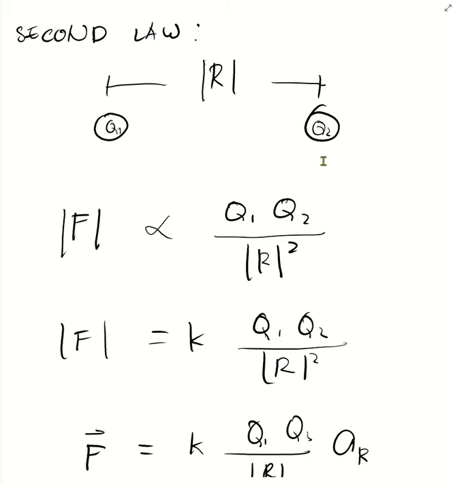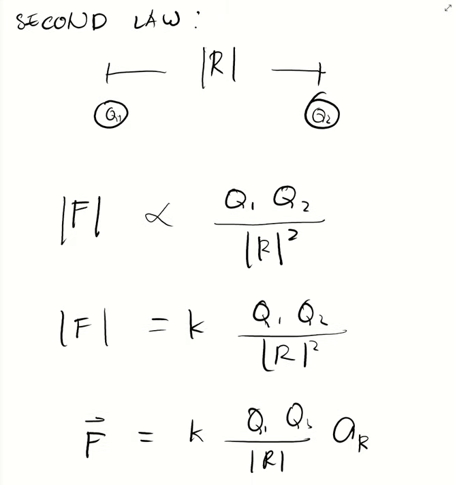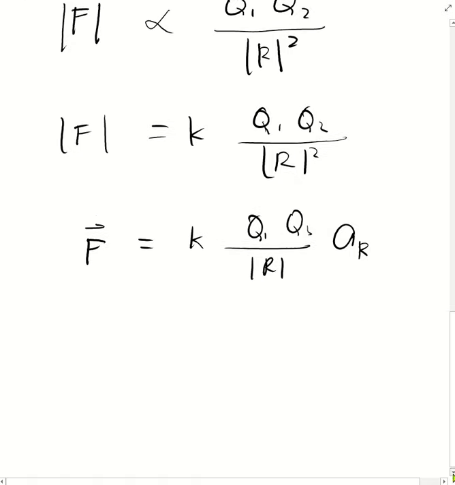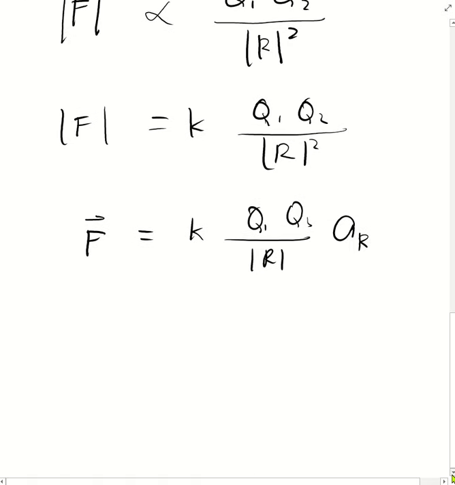It can be ceramic or anything that can be put between the charges. K will be equal to 1 over 4 pi epsilon naught, where epsilon naught is called the permittivity of free space.